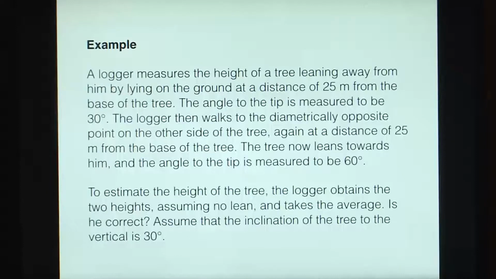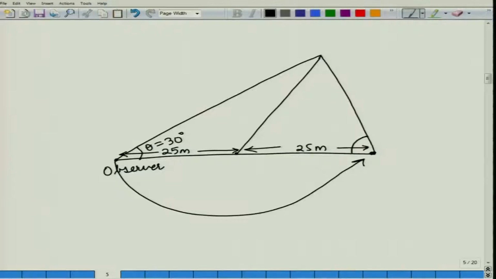The tree now leans towards him and the angle to the tip is measured to be 60 degrees. So, he has measured this angle and this angle comes to 60 degrees.